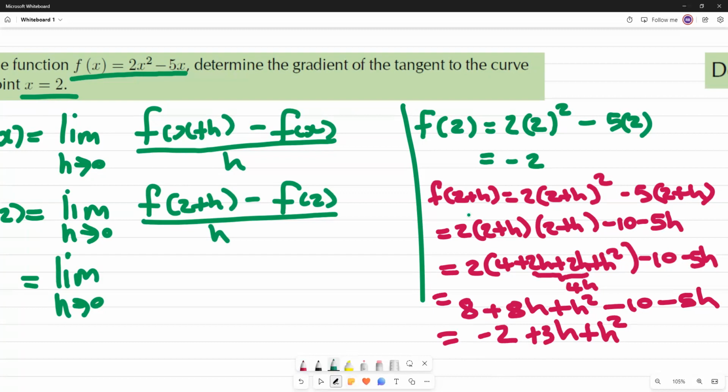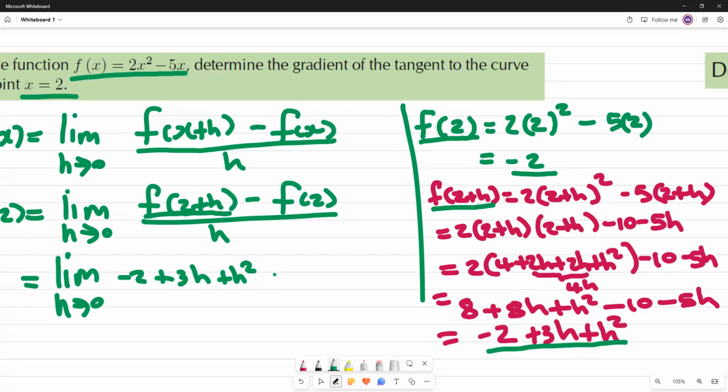Perfect. Which means where I see f at 2 plus h, I can replace it with that guy, right? And where I see f at 2, I can replace it with that. So it's minus 2 plus 3h plus h squared.